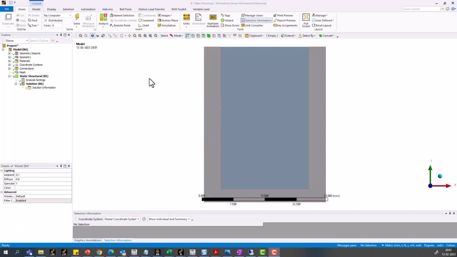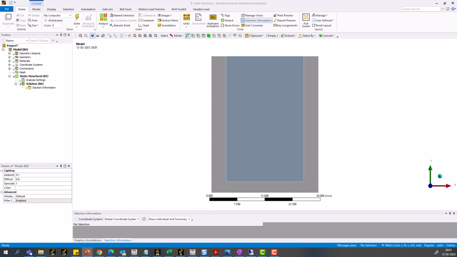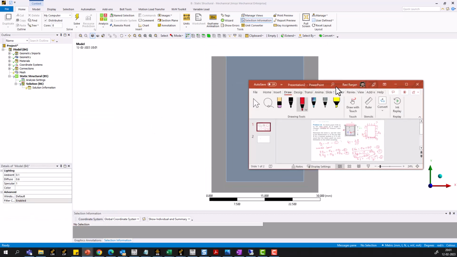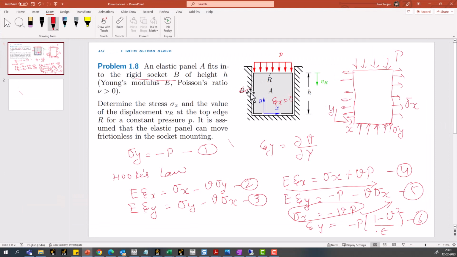Once we open the model in Mechanical, let me first go through the problem statement. This was the problem statement: socket B is considered to be rigid and socket A is flexible. So let's first see how we can define different stiffness behavior for the different parts that we imported in Mechanical.